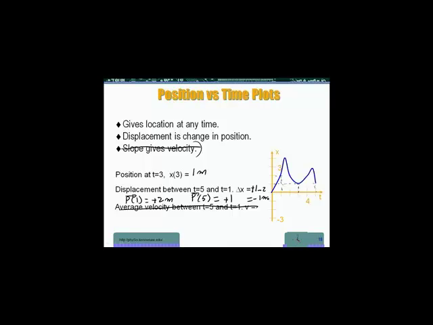It does not matter if you went to it straight or you went all the way around to get there. Like in this particular case, this person went further away, closer, then further away again, and then closer to move this 1 meter, to have a displacement of minus 1 meter. The actual distance traveled is much different than that.